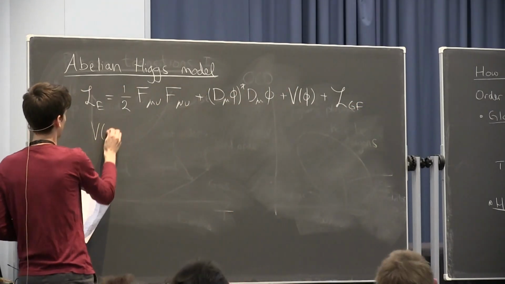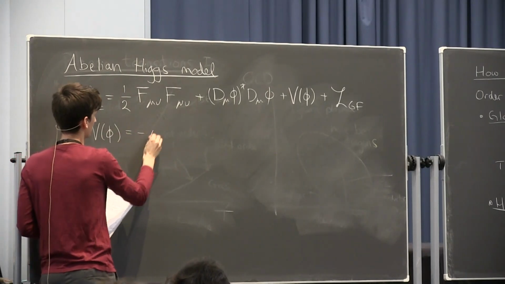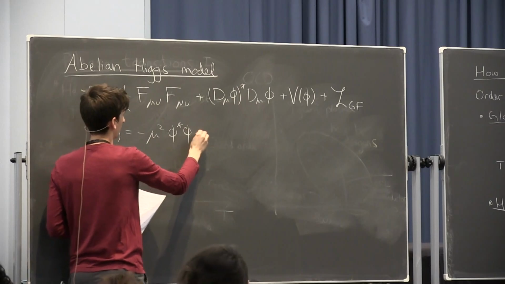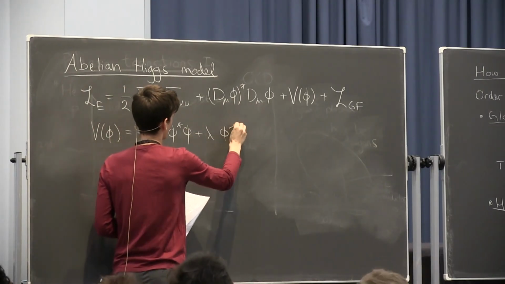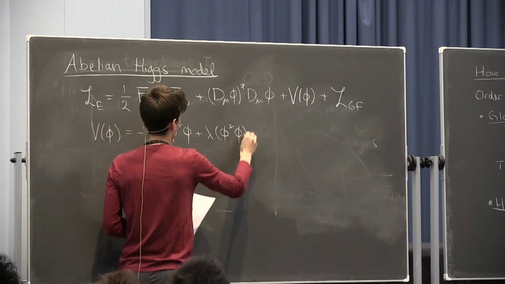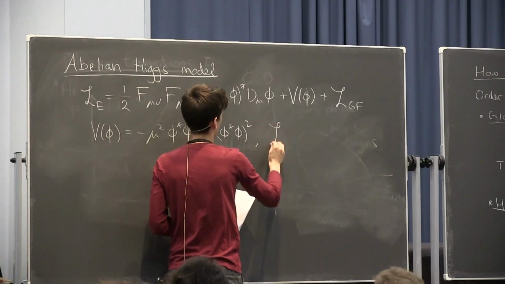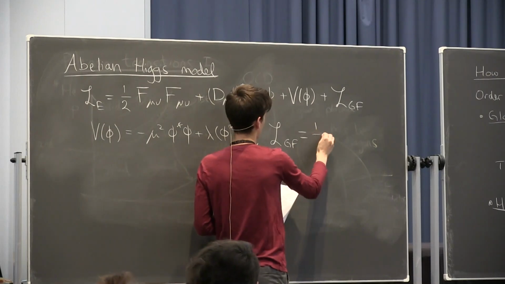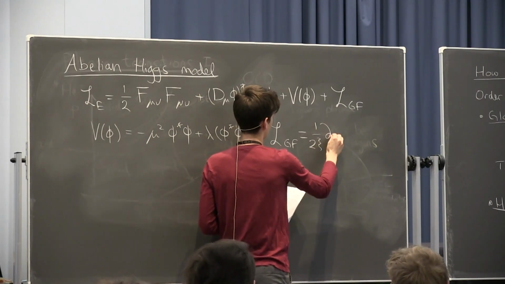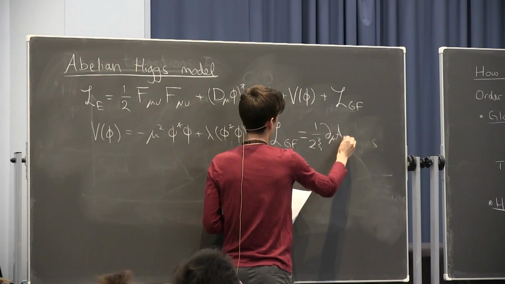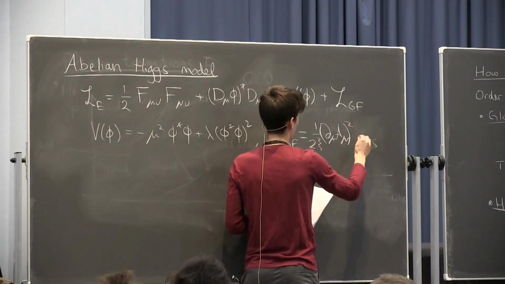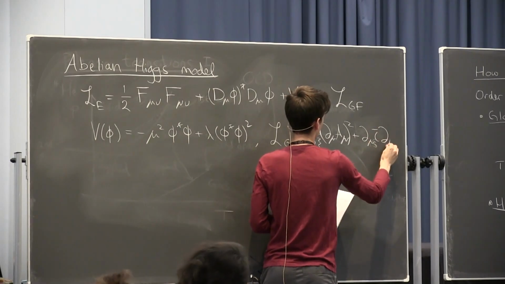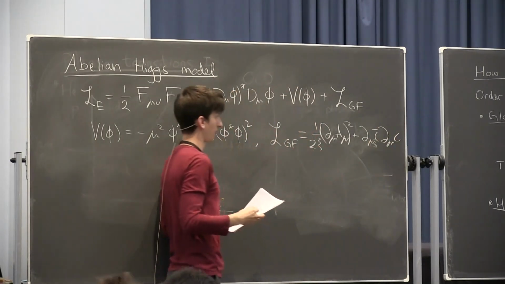Our potential looks like minus mu squared phi star phi plus lambda (phi star phi) squared, and our gauge fixing looks like 1 over 2 psi (d mu A mu) squared plus d mu c bar d mu c.